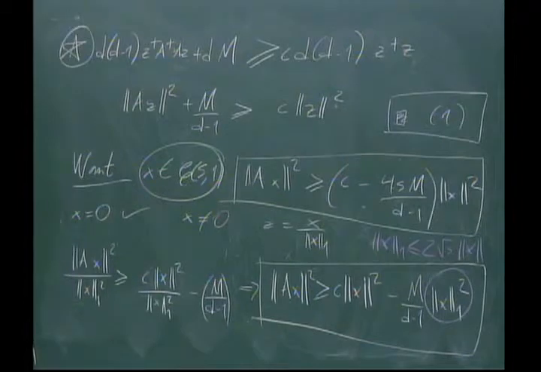Right, so what have you achieved here? Maybe I should rewrite the statement of the theorem just to keep it on the board. I'm just going to write it with the constants I need.